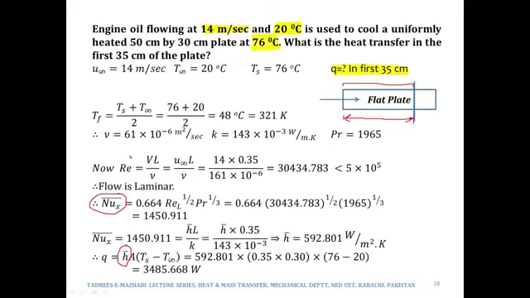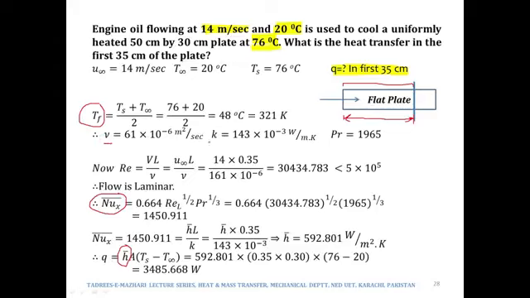So therefore, Reynolds number will be calculated, for which we need to again evaluate the properties at the film temperature. So we would be evaluating the film temperature as the average of Ts and T infinity, which would be 48 degrees Celsius, meaning 321 Kelvin.